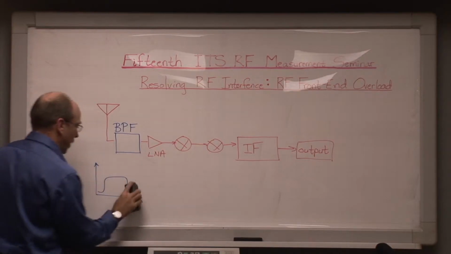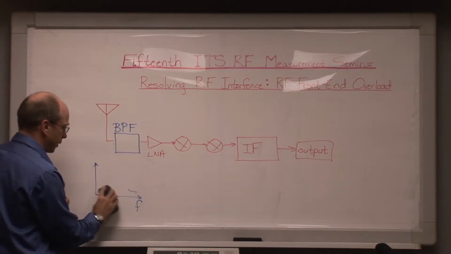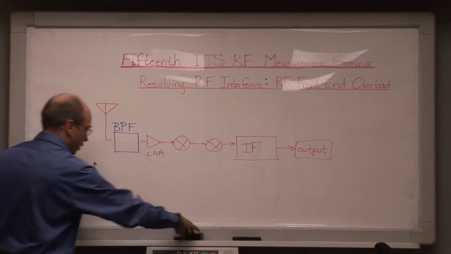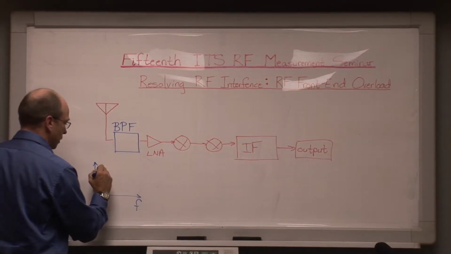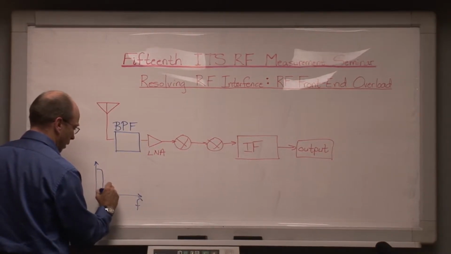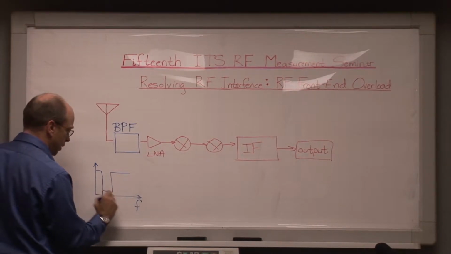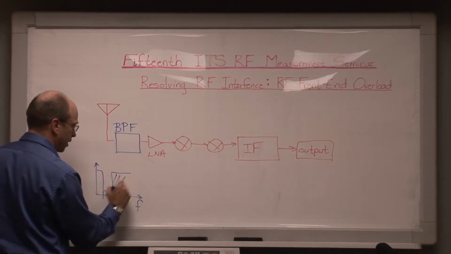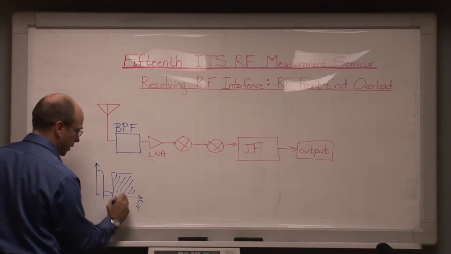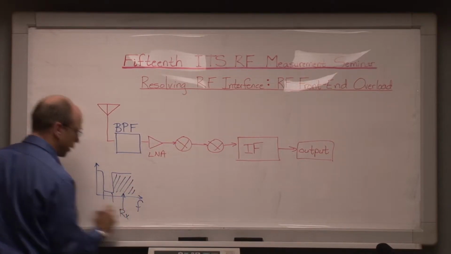You could also, depending upon circumstances, build a filter into the front end which specifically eliminated some band like this, where it would eliminate energy in this band but would pass energy in this band. And of course the assumption is that our receiver is running in here.